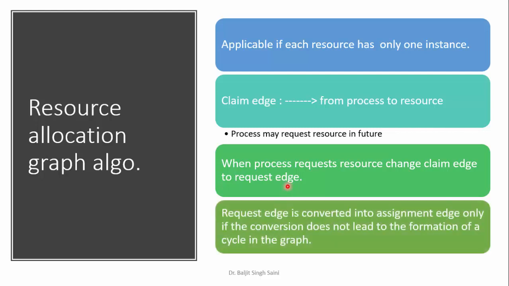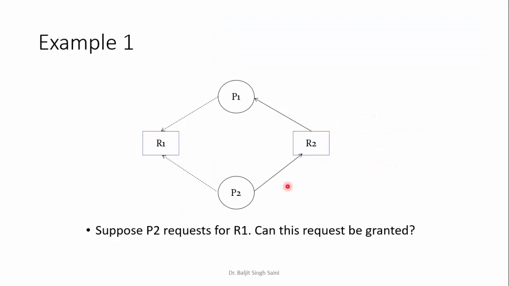If the request can be granted, then we will change the request edge to the assignment edge, and then we will check whether changing it to an assignment edge leads to a cycle in the graph. If yes, then the system is in an unsafe state and the request should not be granted. If there is no cycle in the graph, then the system is in a safe state and the request can be granted. So we'll look into this with an example.